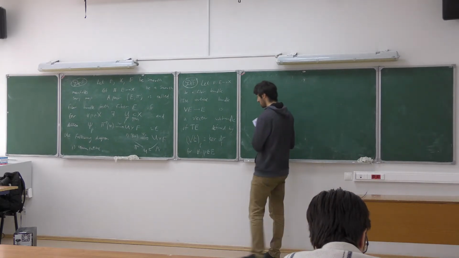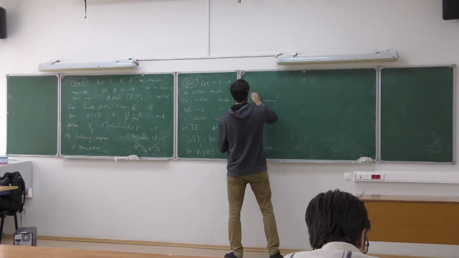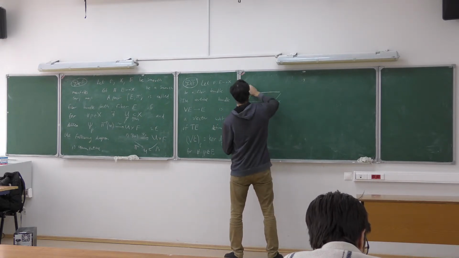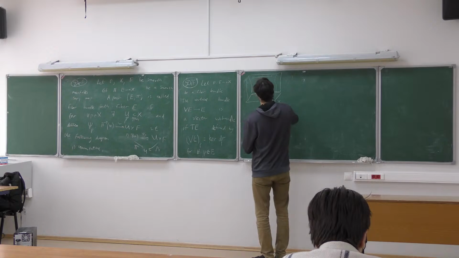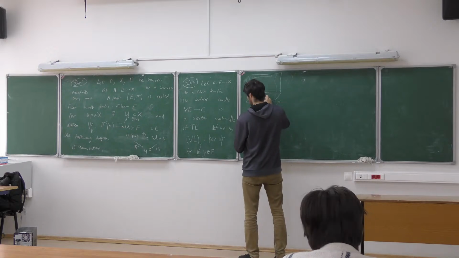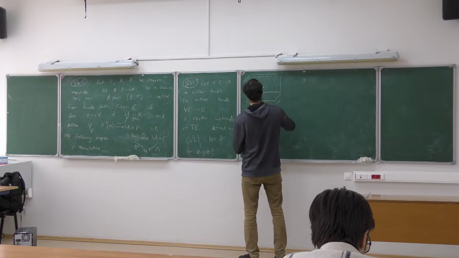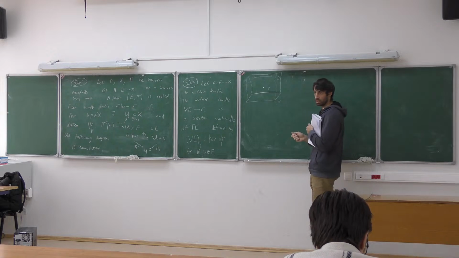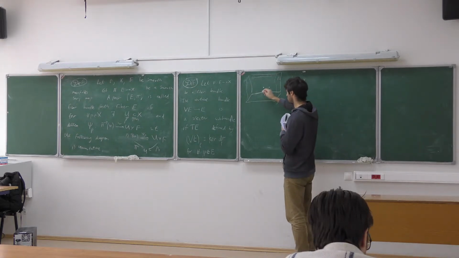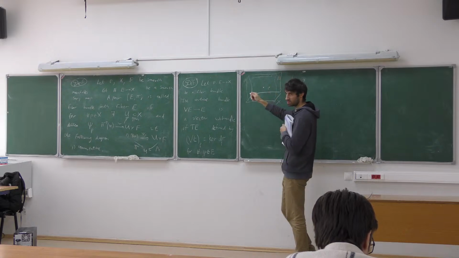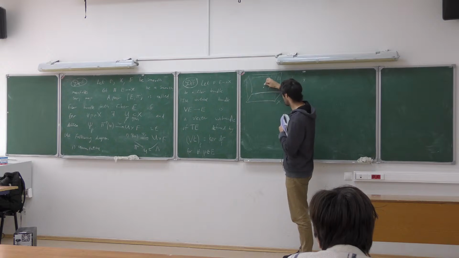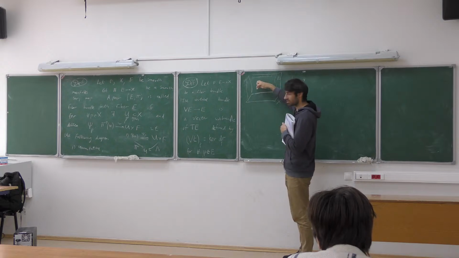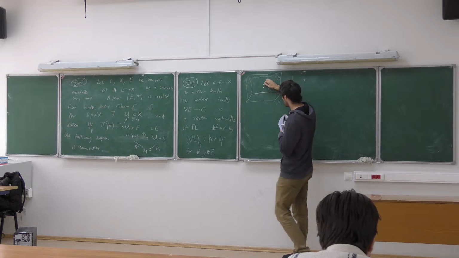Basically I have X, and E at the top of X, and then I fix a point P in E. This is my E. At this point I have a bunch of vectors coming out of it, in this three-dimensional situation.